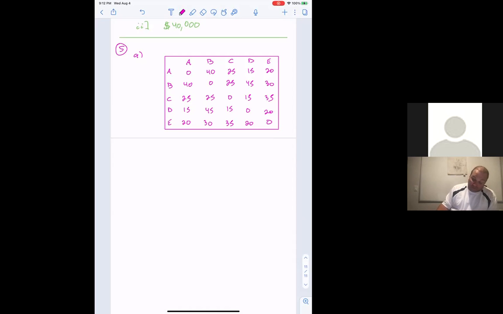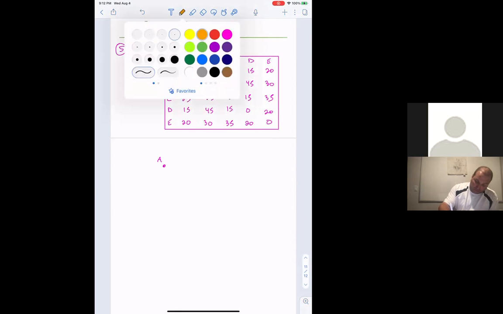So we're going to use Prim's algorithm, which means we pick any vertex. So I'm going to pick vertex A. What do I do for vertex A? I cross out, this is my first one, I remove everything in column A. Orange might not be the best color, so let's try something a little darker.